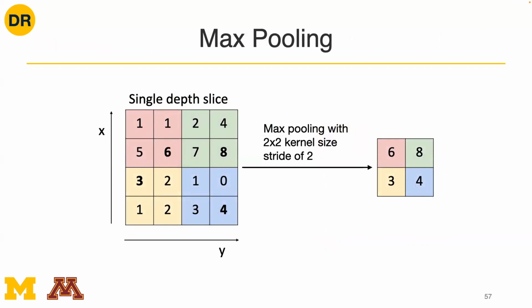So the idea here is you can still think about this as a sliding window, but instead of a sliding window of inner products, you're taking the sliding window of maximum elements. So for example, let's say that we have some input slice from a feature map, and we're going to define this max pooling operation as a max over each 2x2 window within this input feature map.